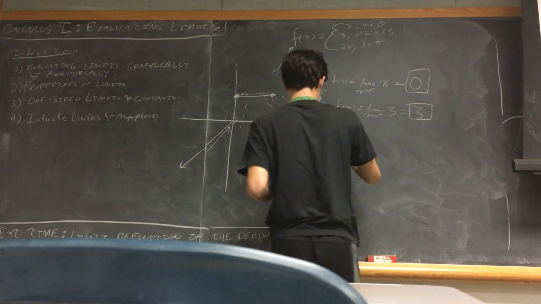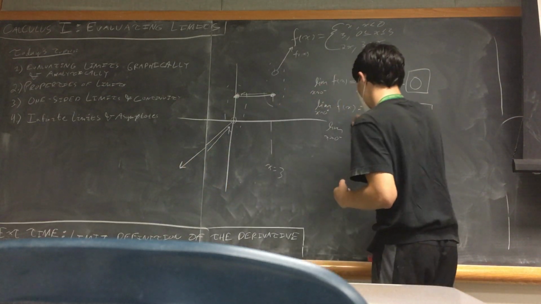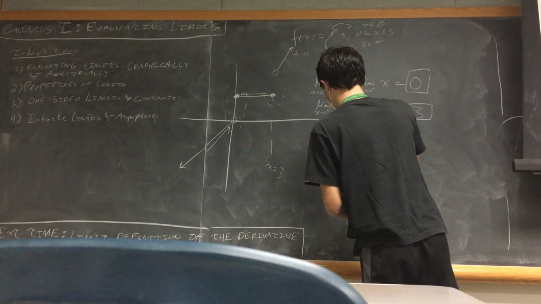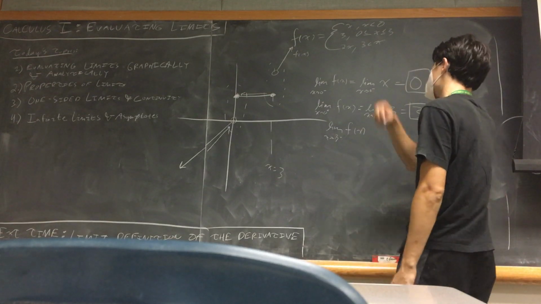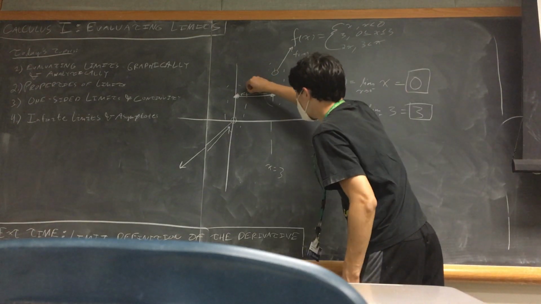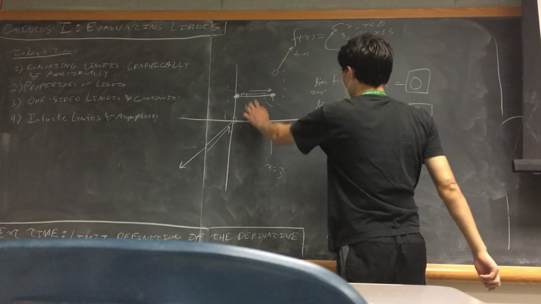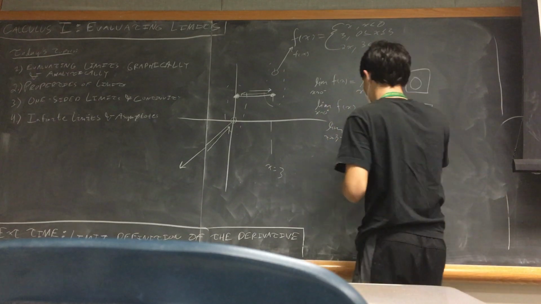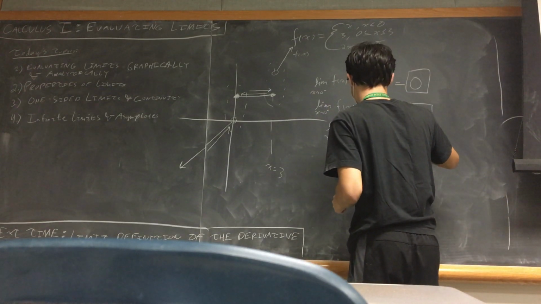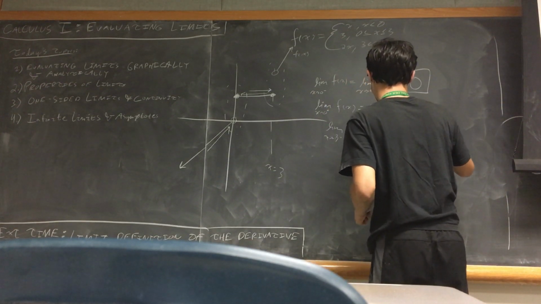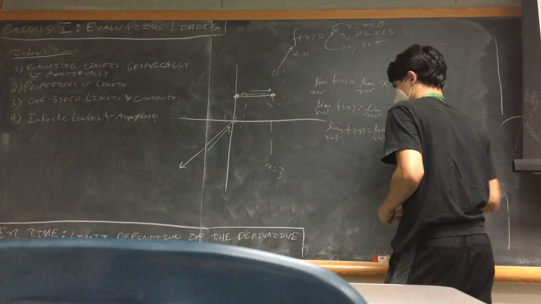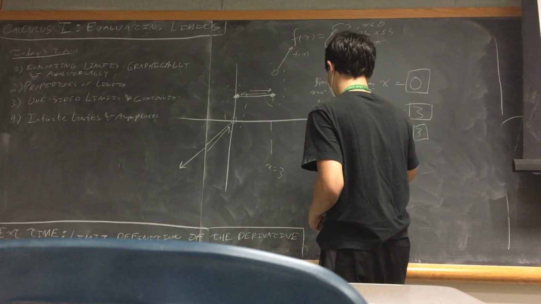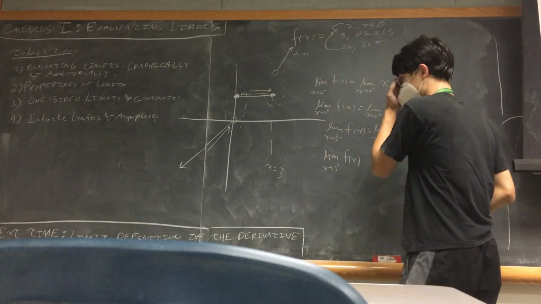So let's take the limit as x approaches 3 from the left. As it's approaching 3 from the left, we're looking along this part of the graph, which is 3, so the limit as x approaches 3 from the left equals 3. Say we wanted the limit as x approaches 3 from the right of f of x.